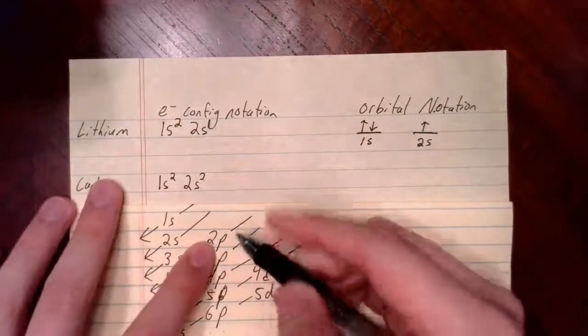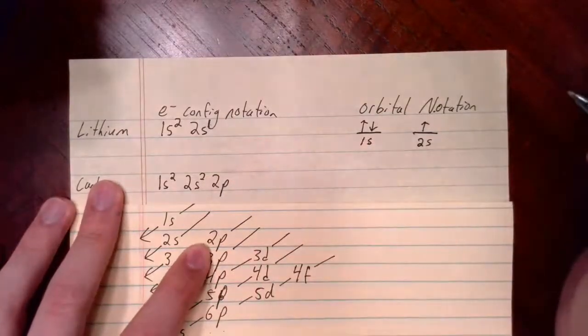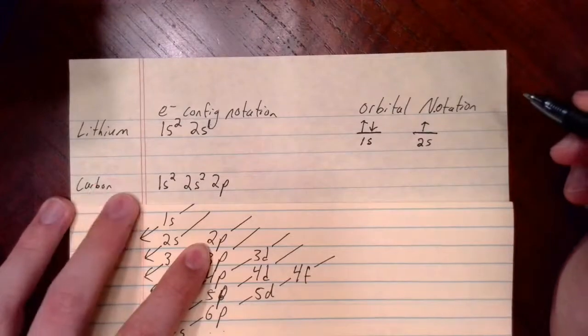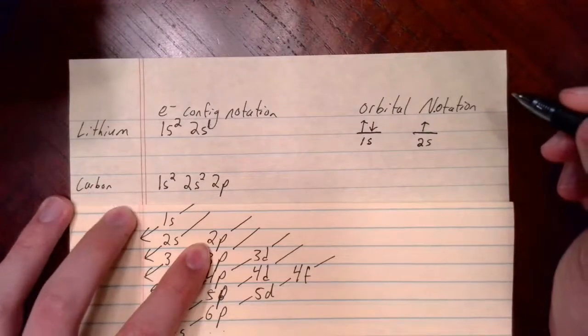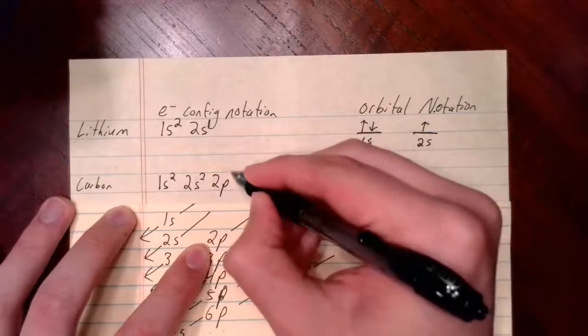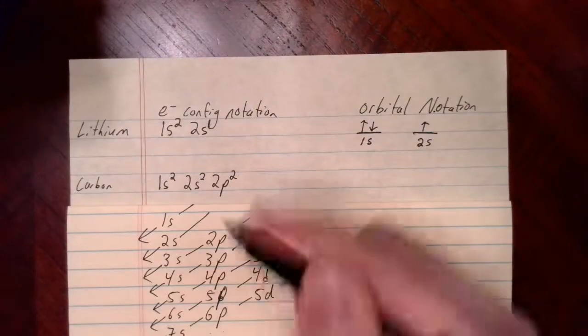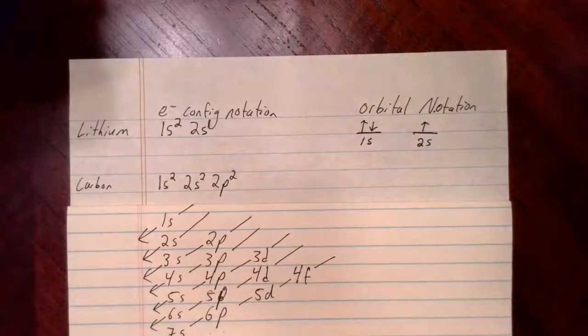After 2s I go up to 2p. I know 2p can hold up to 6 electrons, but I don't need to put 6. I've used 1, 2, 3, 4. I only need to have 6 total, so I just have 2 there. The electron configuration for carbon is 1s2, 2s2, 2p2. And I go back and double check myself. There are 2, 4, 6 electrons, so I'm good.